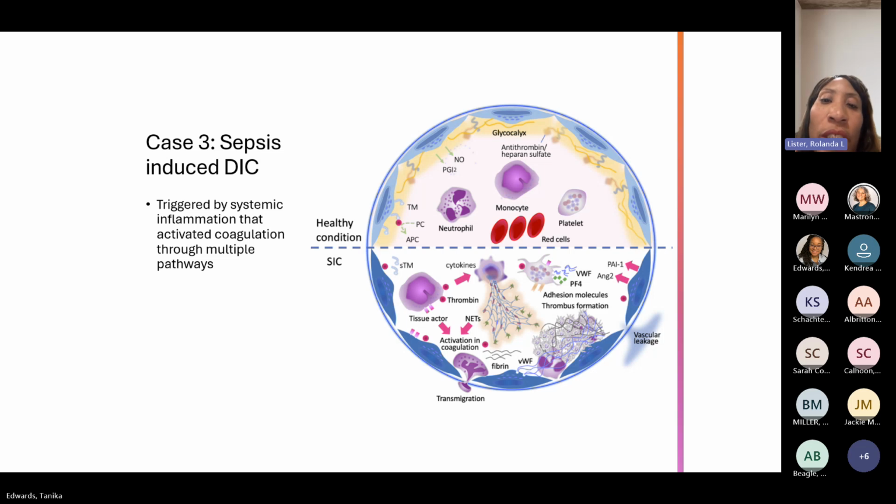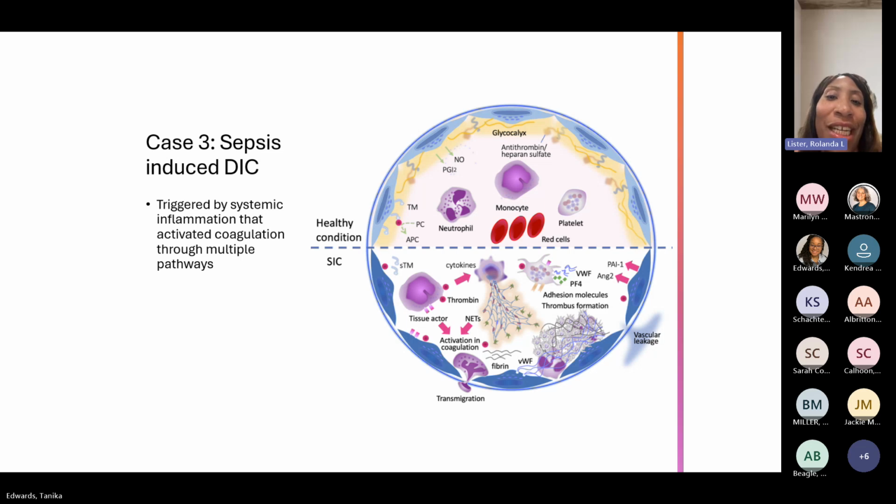Sepsis is triggered by cytokine release that affects endothelial leakage. The body's trying to do right by getting some of the cytokines and inflammatory markers into the tissue space.